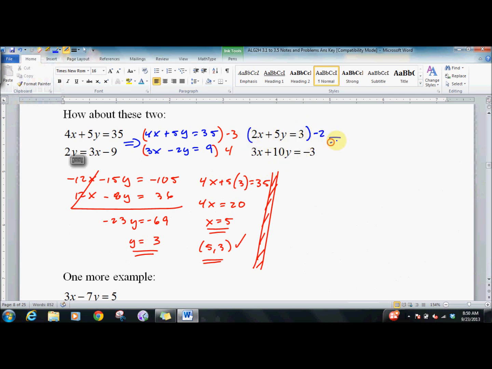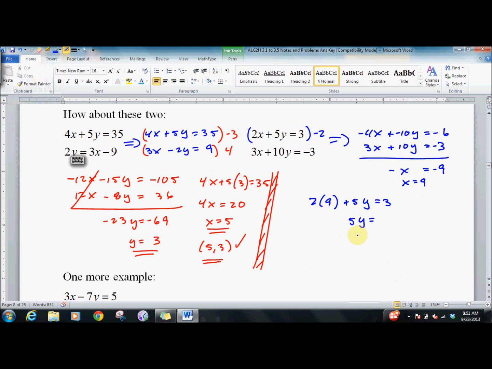I'm going to multiply by -2. And I just checked it in my head, it works.